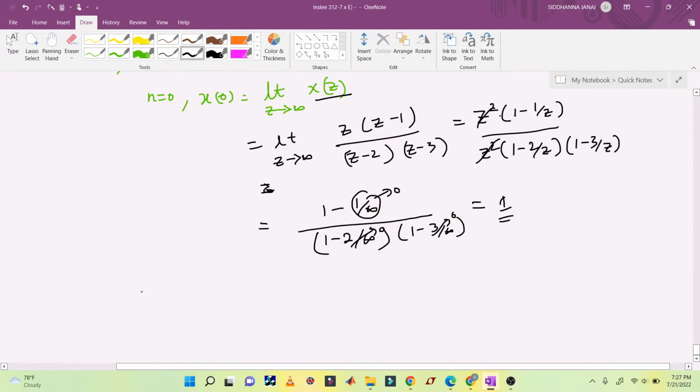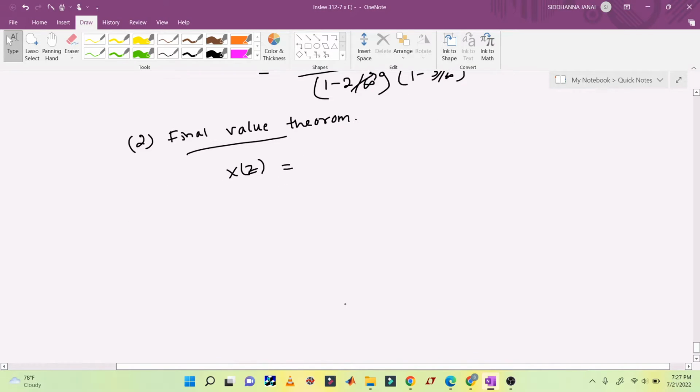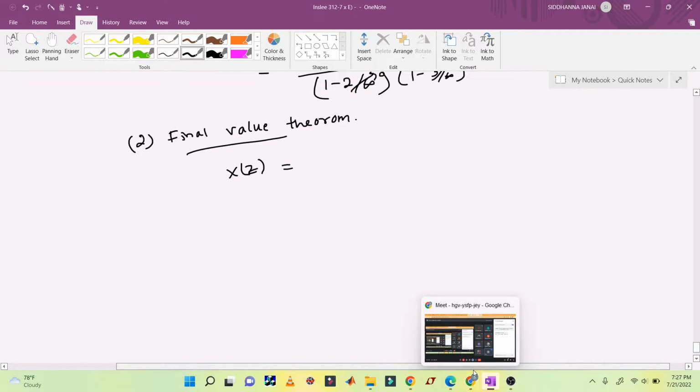So let me write it. Final value theorem. For this we have given x of z, we need to find out x of infinity. Final value means x of infinity.